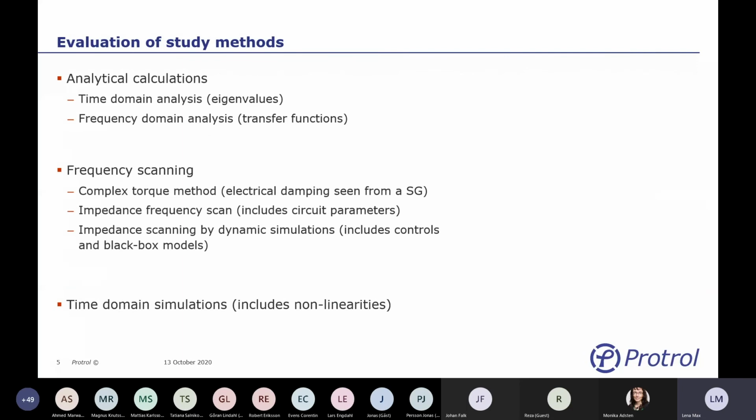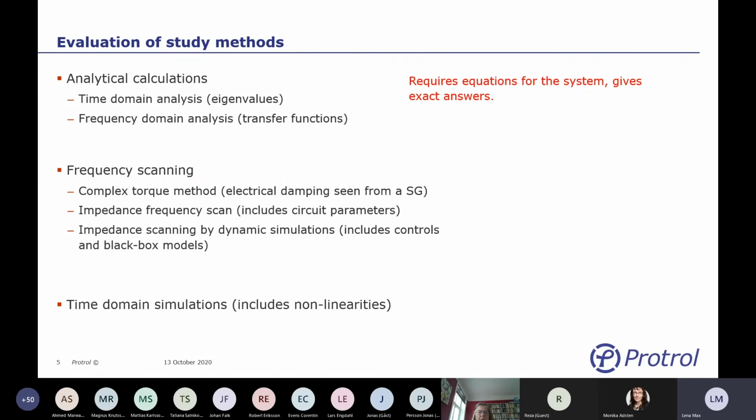Looking at the different study methods, quite a few have been used, and there is a lot of ongoing research using different methods. They can be divided into analytical calculations, frequency scanning methods, and time domain simulations. Starting with analytical calculations: when performing these kinds of studies, we need the equations for the systems, and these are quite exact methods.